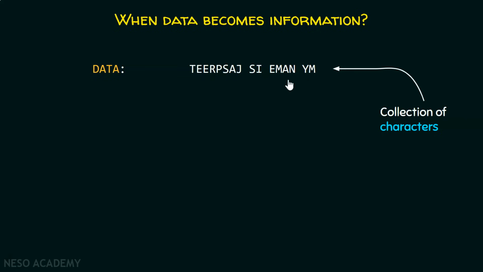No, right? But when I process this data and let's say I reverse this whole string, meaning the last character becomes the first character, the second last character becomes the second character, and so on, then it becomes information. Because now I can read this and I can understand what is written. Here I have written my name is Jaspreet. So it is quite understandable.